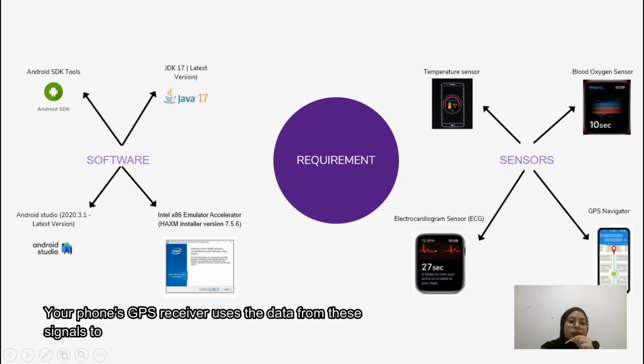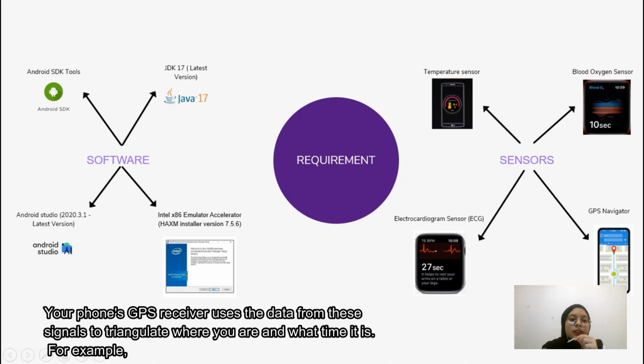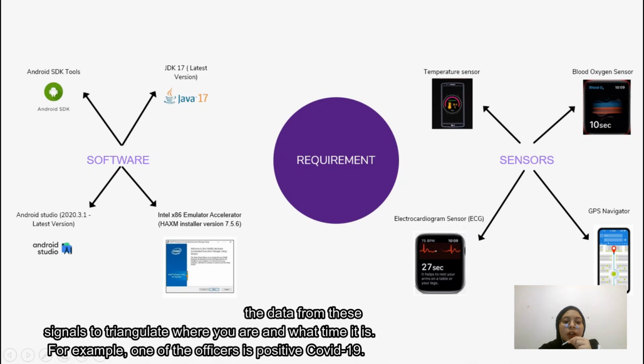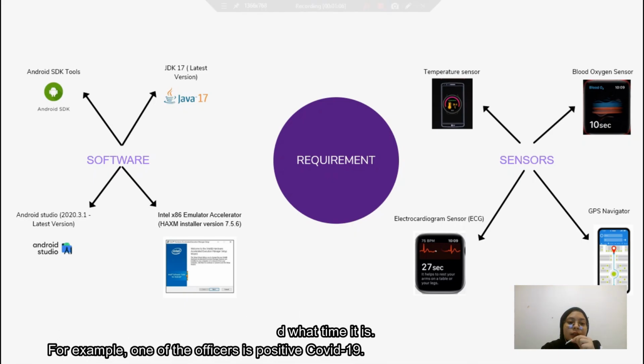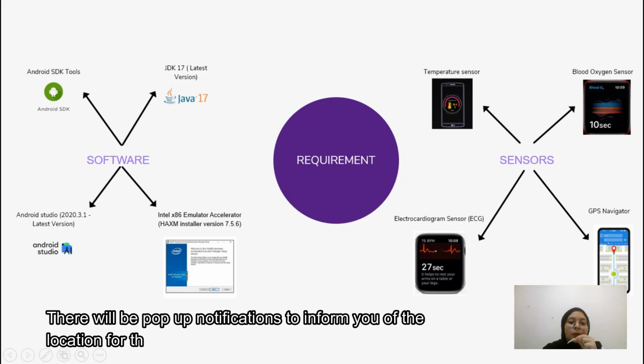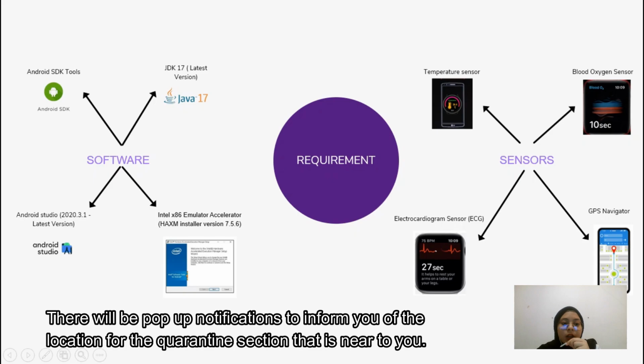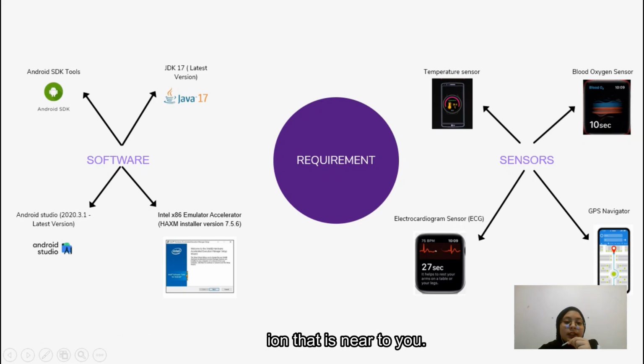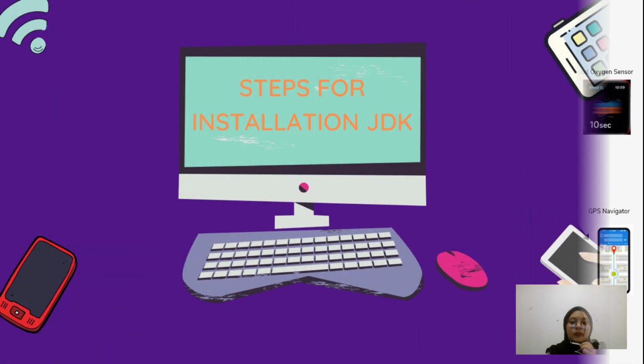Your phone's GPS receiver uses the data from these signals to triangulate where you are and what time it is. For example, if one of the officers is positive for COVID-19, there will be a pop-up notification to inform you of the location for the quarantine section that is near you.